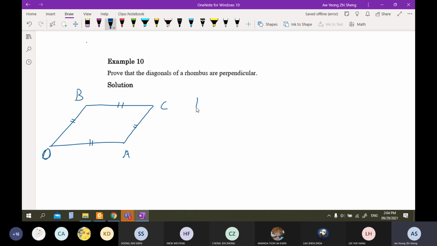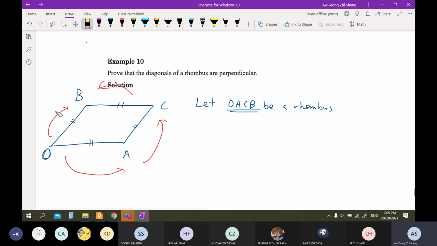Okay, it says let OACB be a rhombus. When you name a parallelogram, the naming should be done in a circular sequence. OACB. You can also name it OBCA as long as it's circular.